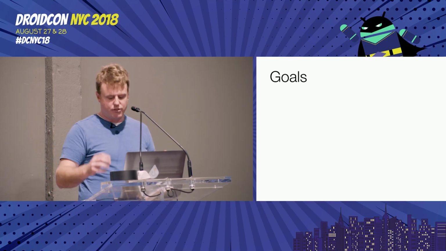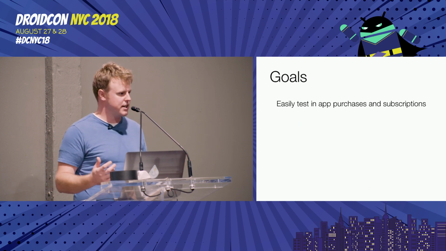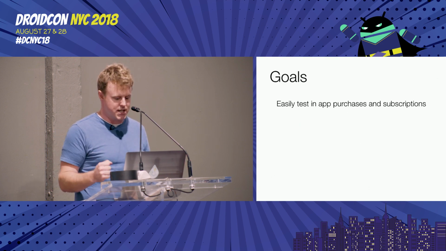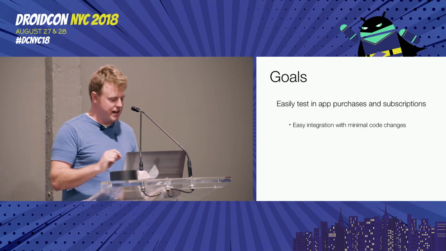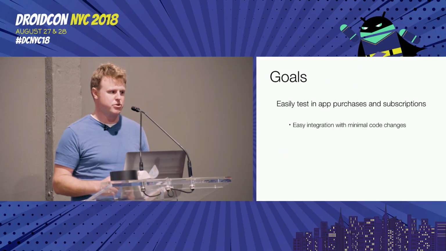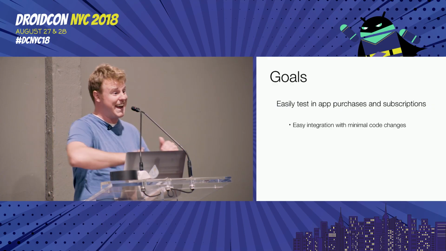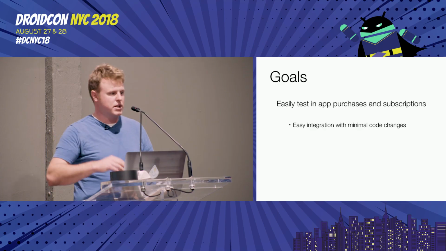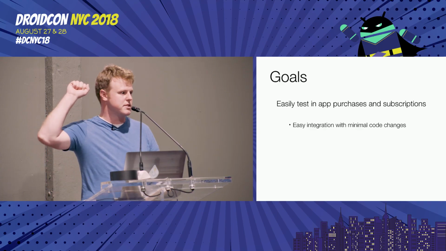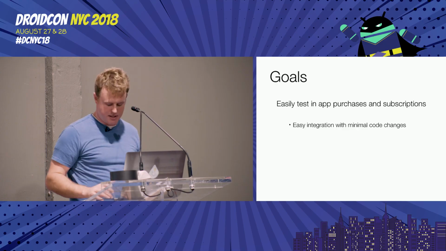So the high-level goal was to easily test in-app purchases and subscriptions, right? Everybody should have a mission statement. That's mine. So when I do that, I want to have easy integration with minimal code changes. I don't want to have to worry about bugs in the Play Store and this library and my own code. I would love my release builds to talk directly to the Play Store and not introduce anything else.